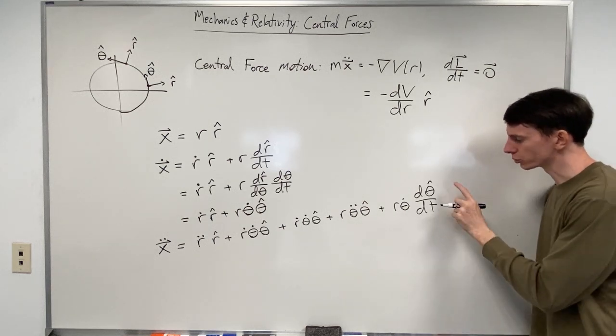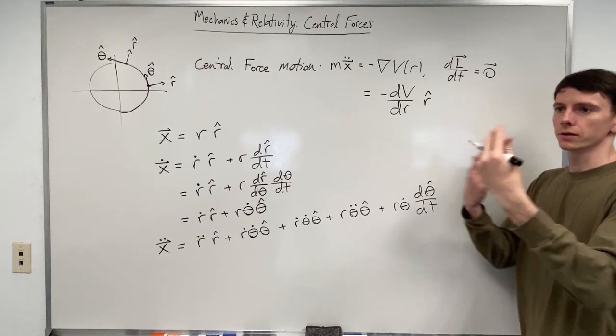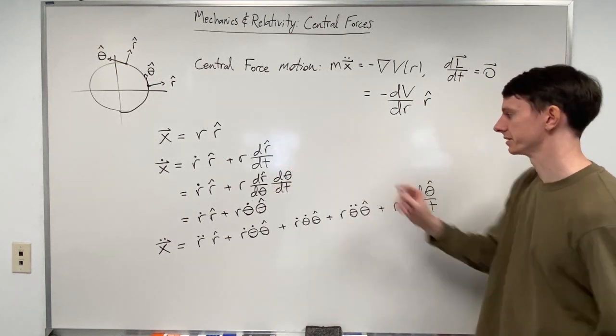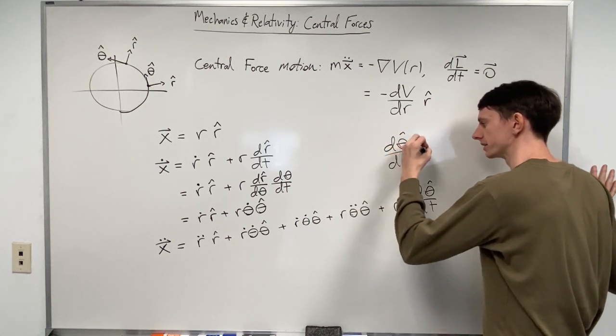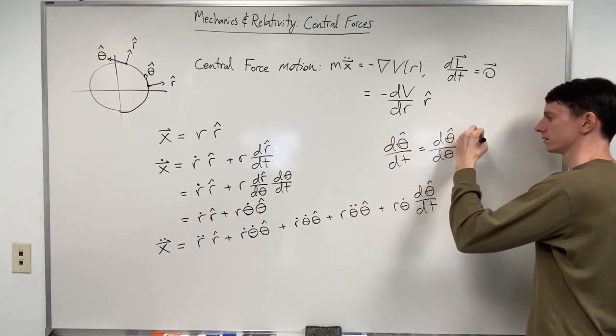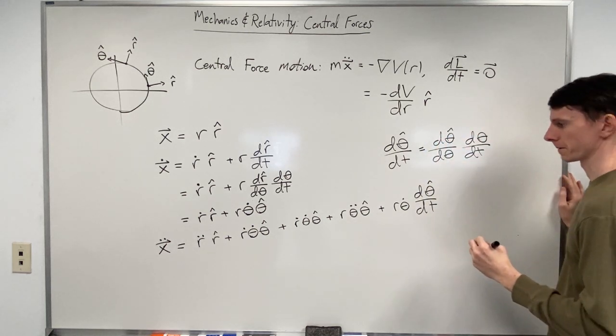Okay. Now we're going to apply a similar trick, or a similar application of chain rule, that we did right here when computing dr hat dt. Turns out d theta hat dt can be expressed as d theta hat d theta times d theta dt. Okay.